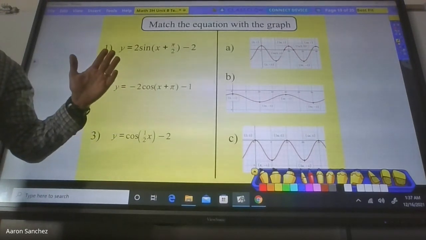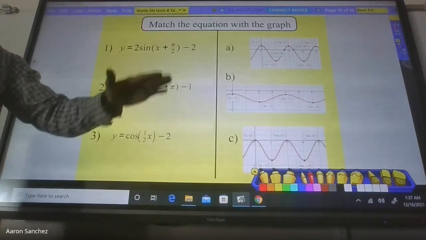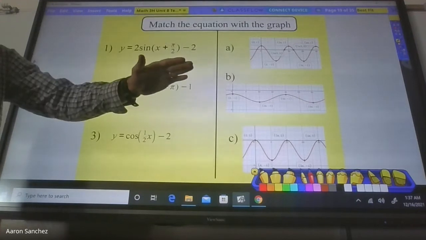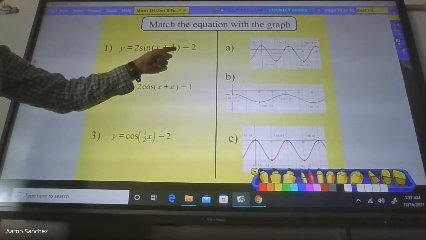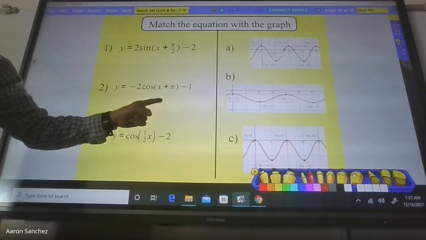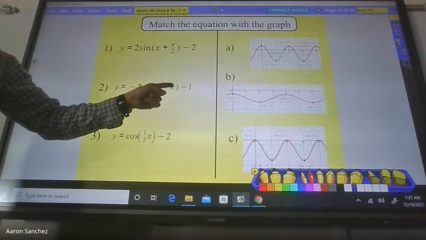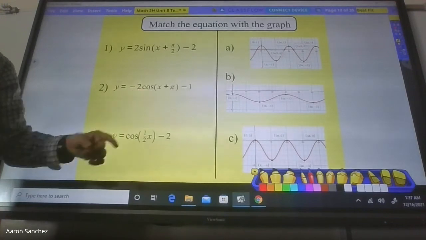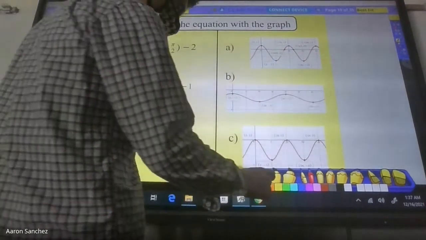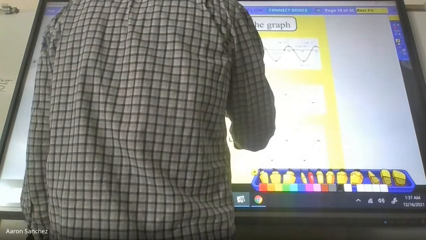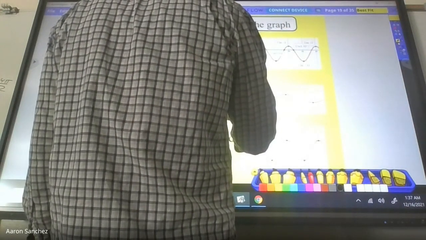It shifts the midline, right? It shifts it up or down. So this one, they both have a -2. So I'm going to look for the one that has a -1 shift, right? So which one has a -1? I'm going to draw on it. Let's see. Right here, I think the B has a -1.